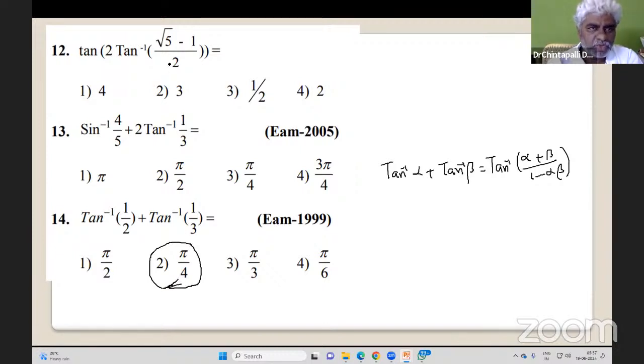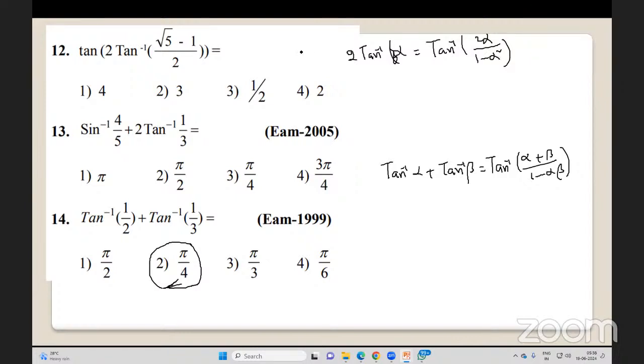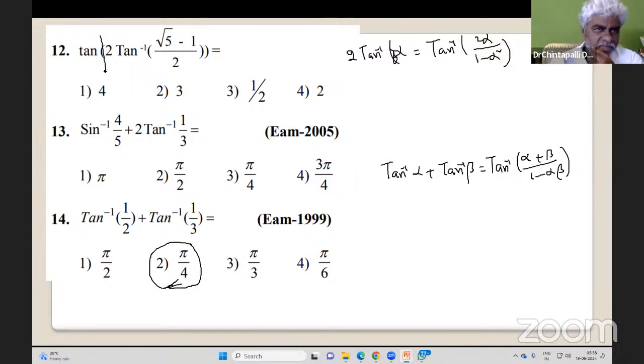You know how to solve it? There is a formula for 2 tan inverse alpha is equal to tan inverse of 2 alpha by 1 minus alpha square. Got it? Yes, sir. By using it, you can simplify this. Then you can cancel tan and tan inverse because square is not there for tan, right?